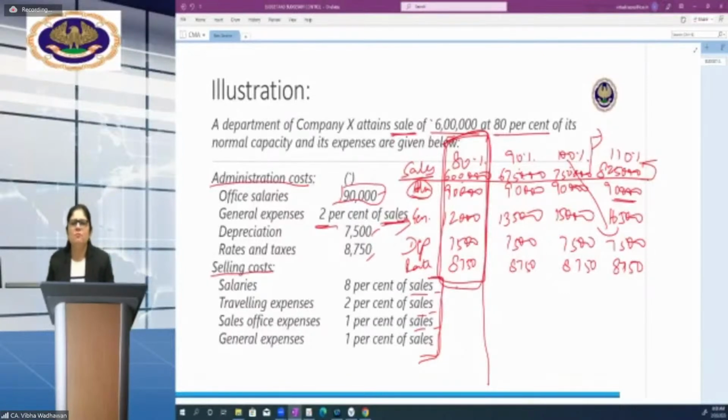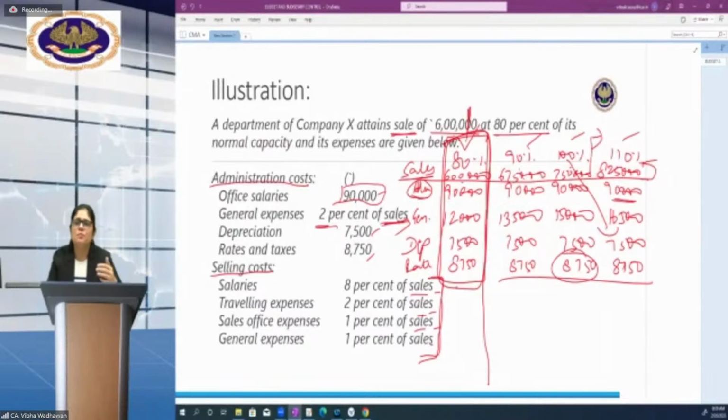A fixed budget remains fixed at a certain level of activity. That's all. No other level of activity will be made under a fixed budget. But under a flexible budget, we make a budget at different levels of activity. All right. So that if we expect to be at 100%, we have the ready-made cost, the budget at 100%.